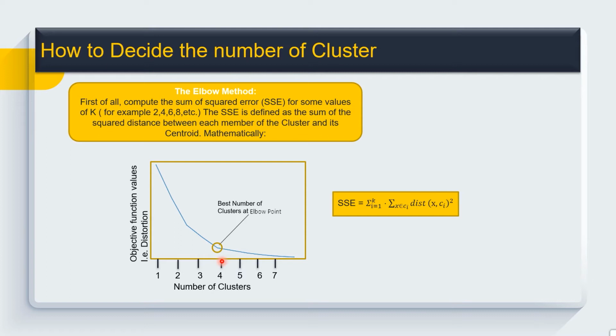For example, if we look at the figure given here, we see that the best number of clusters is at the elbow. As you can see, the graph changes abruptly after 4. So for this particular example, we are going to use 4 as the number of clusters.